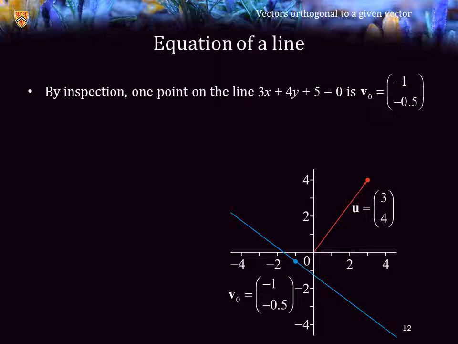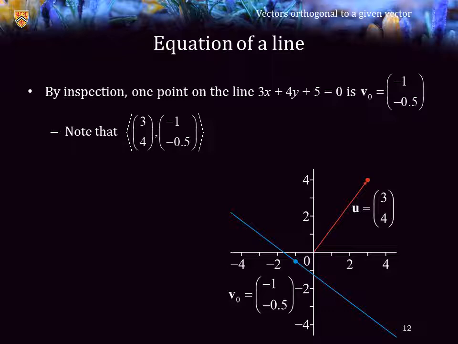Now, by inspection, one point on this line is the vector v0 equal to (-1, -0.5). We can see this point on the line in the third quadrant. Note that, of course, we can calculate this inner product.